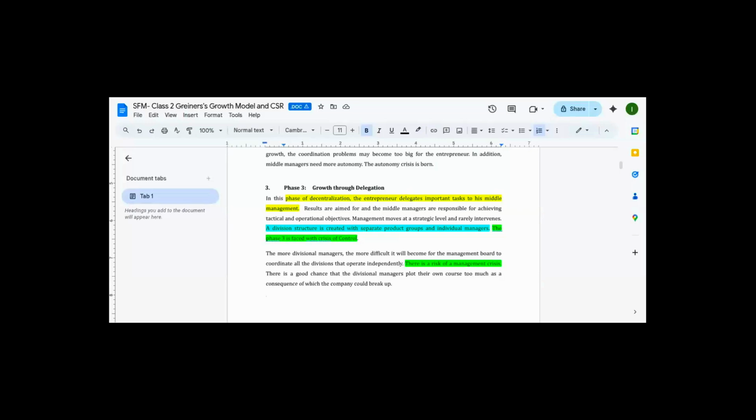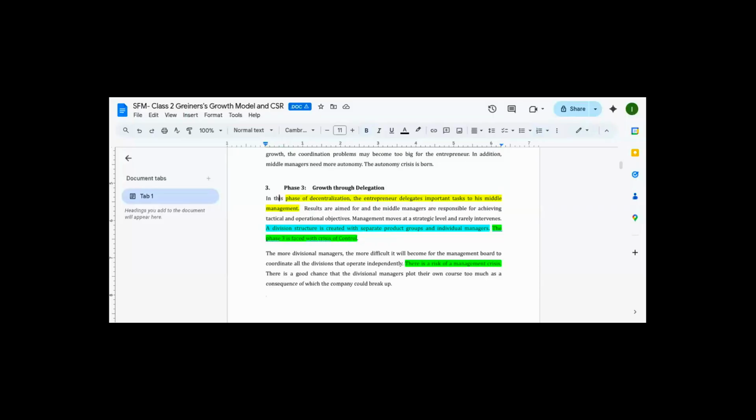And this increase in age and size of the company, the scholar says, is achieved through delegation and other strategies put in place. So for phase 3, tell the examiner that the company experienced further growth through delegation.